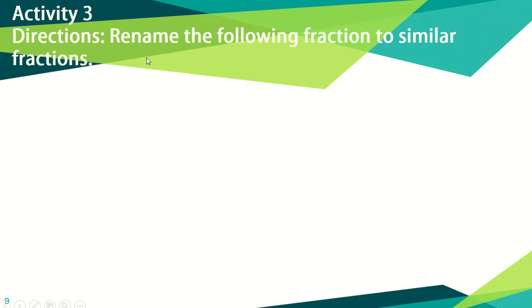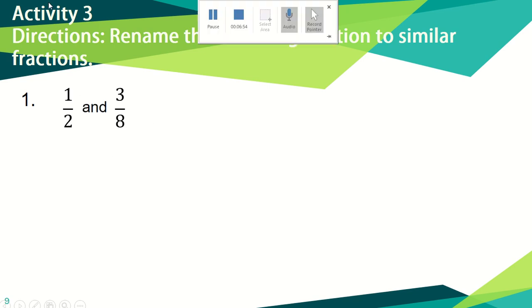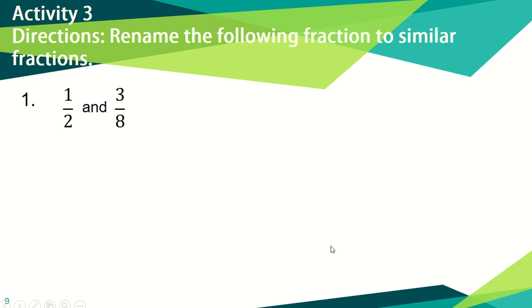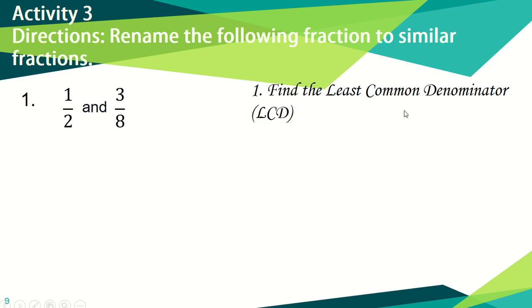So, mag-rename muna tayo. We have different steps. For example, itong 1/2 and 3/8. This is for activity 3. Step 1, find the least common denominator or the LCD. Ang pinag-aralan natin, LCM, kasi yung una nating example, whole number lang. Since ito, fraction na, we call it LCD or least common denominator.